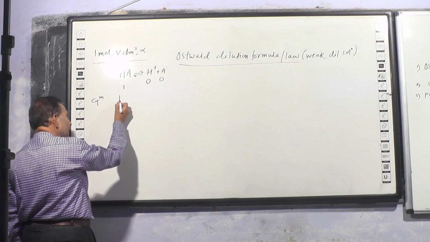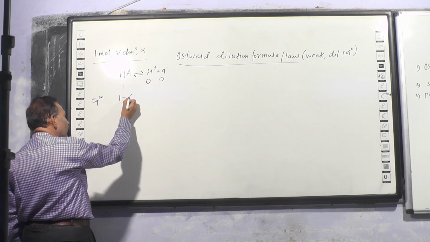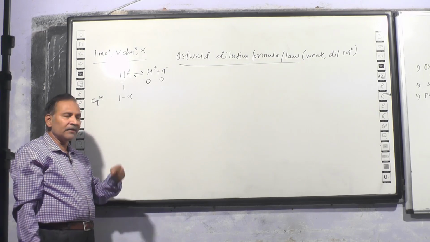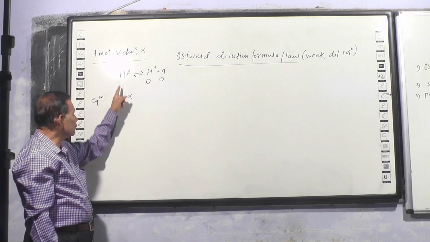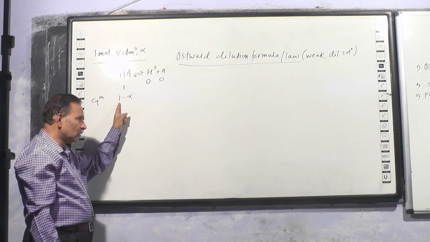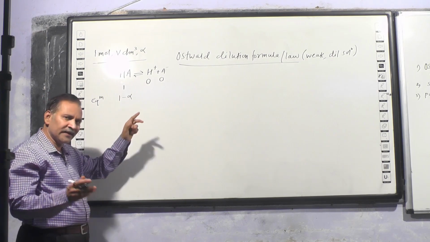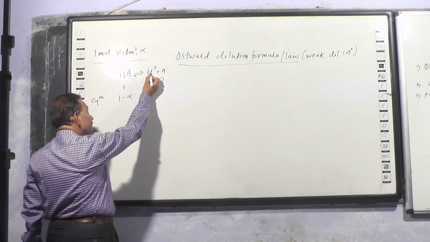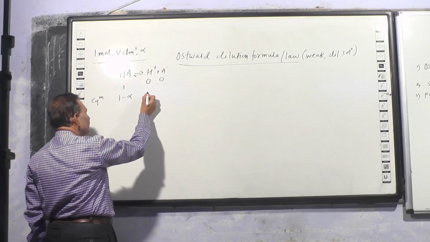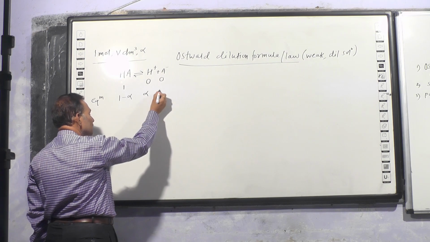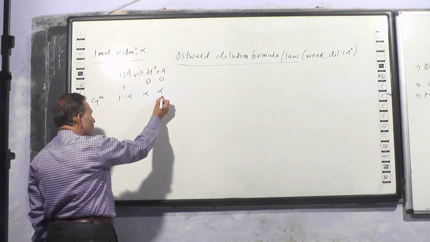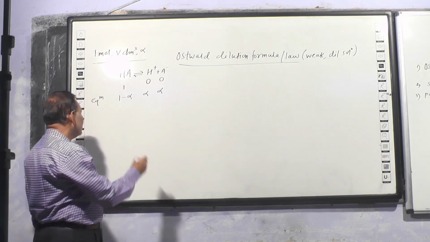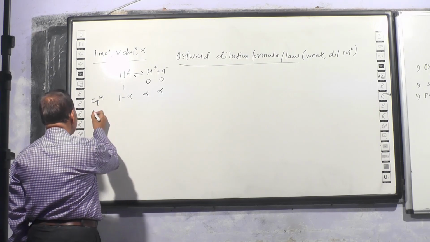Now if we say alpha is the degree of dissociation, then at equilibrium, out of 1 mole of electrolyte HA, alpha moles have dissociated, and therefore at equilibrium the remaining moles of HA are 1 minus alpha. The coefficient of H plus being 1, we can write alpha number of H plus ions are produced and alpha number of A minus ions are produced. So this is the number of moles at equilibrium.